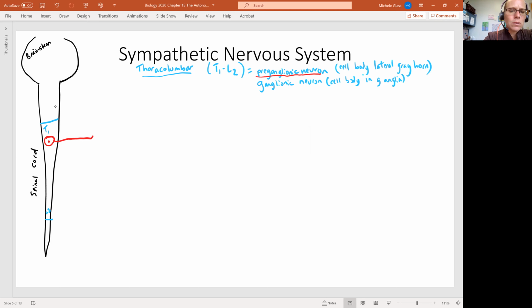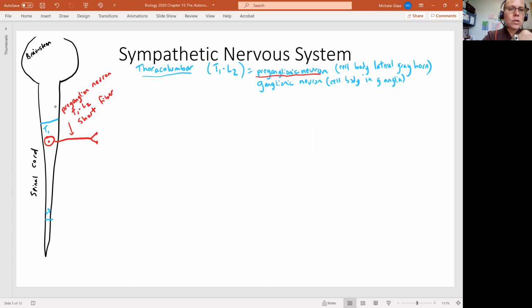And I'm going to show my synaptic knobs here. So this is my preganglionic neuron. It's located, remember, T1 to L2, and we're going to classify this as a short fiber.